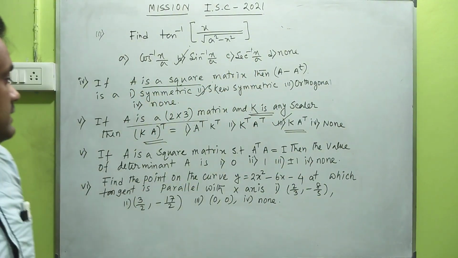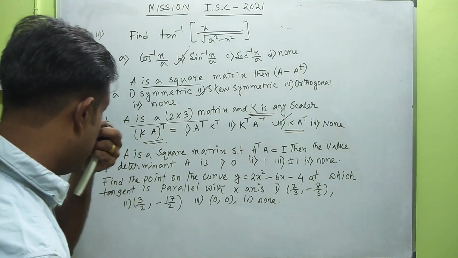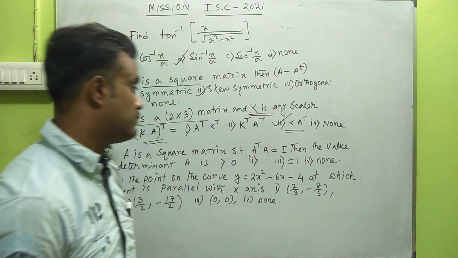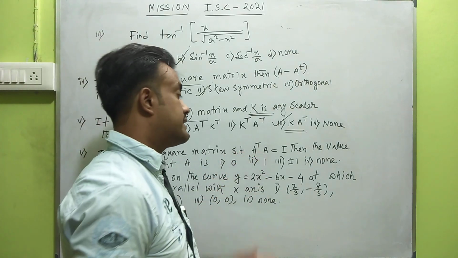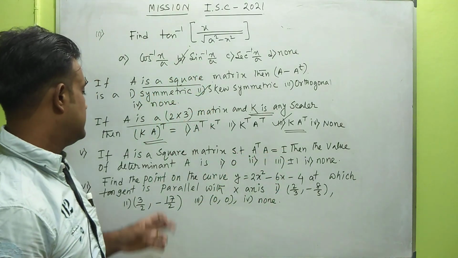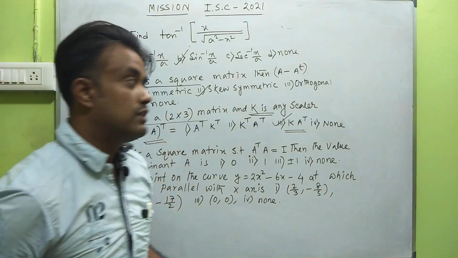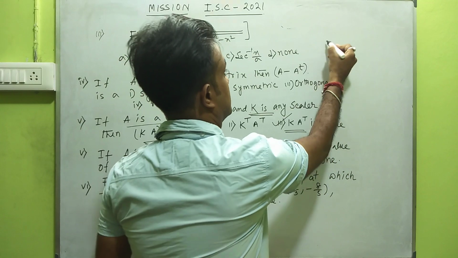So in the next sum, if A is a square matrix such that A transpose A is equal to I, then the value of determinant of A is, so A into A transpose is equal to I.